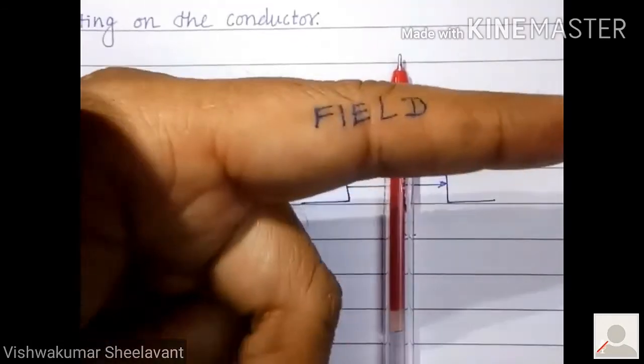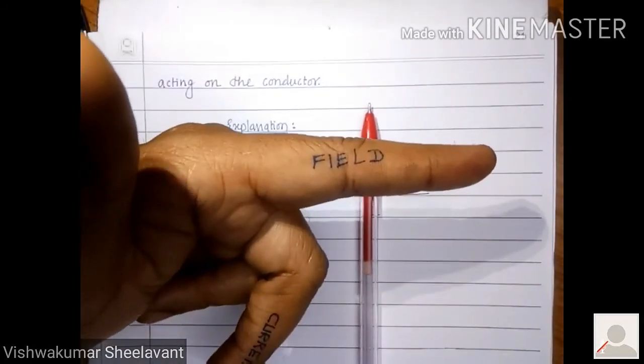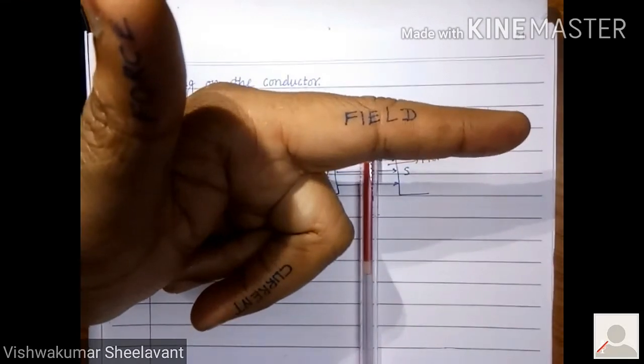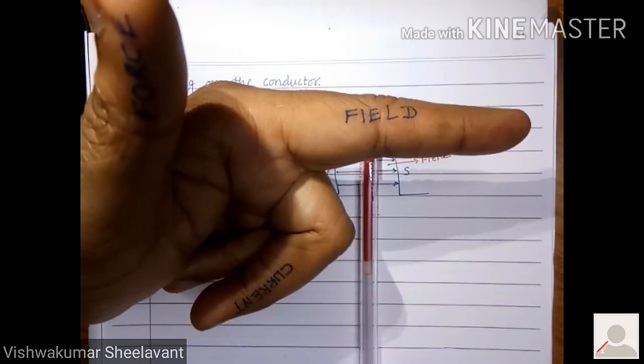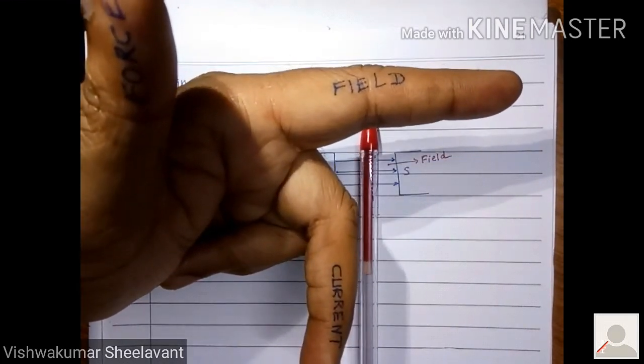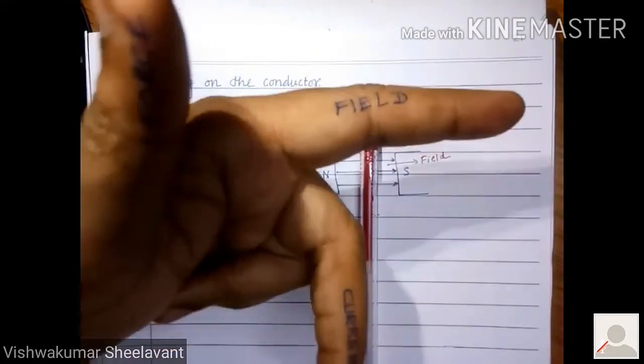Magnetic field is left to right. Direction of current is upward.